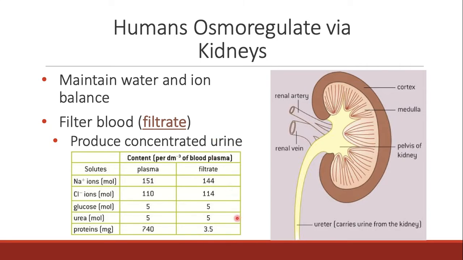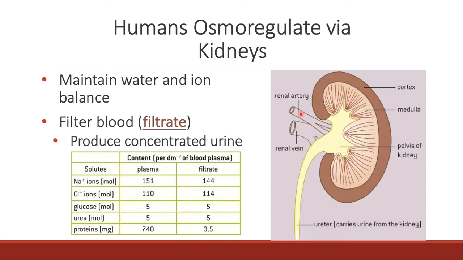So what you want to get from this last number here is that there are proteins in our blood, things like platelets, red blood cells, those are made out of proteins. Things like fibrinogen and prothrombin, which help with the clotting cascade.